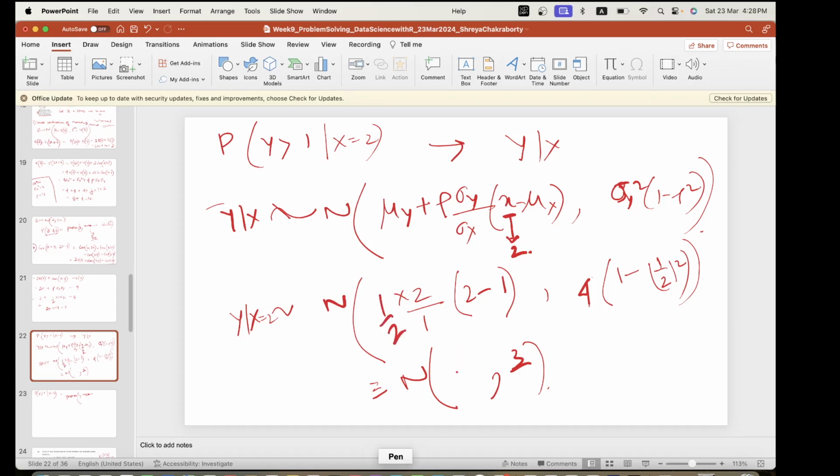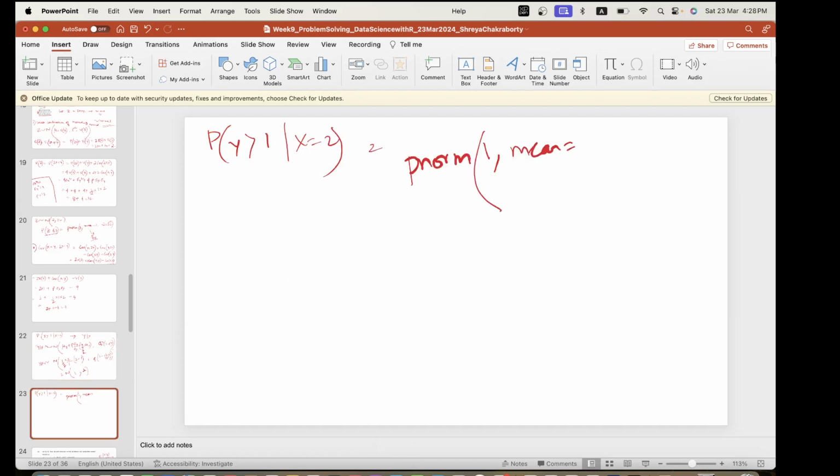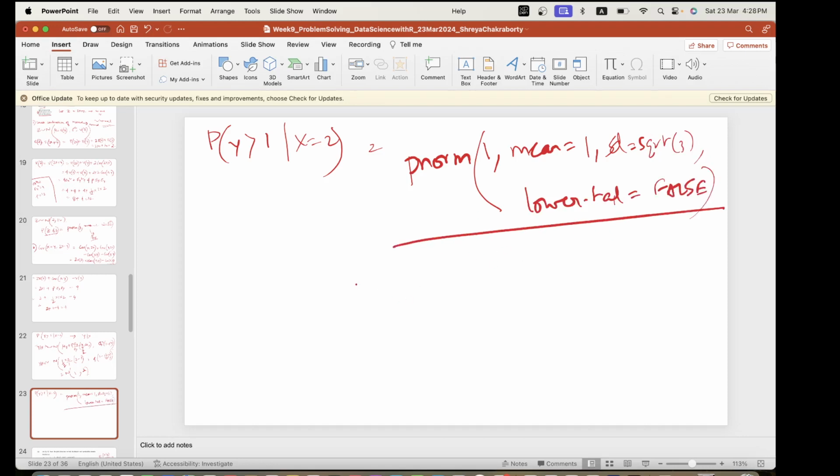So this is normal 1, 3, right? So this will be mean equal to 1, SD equal to SQRT3, and another important thing, lower dot tail equal to false, because if we don't give that, by default it is going to give me probability y less than or equal to 1, as lower dot tail is true in the default settings. All right.